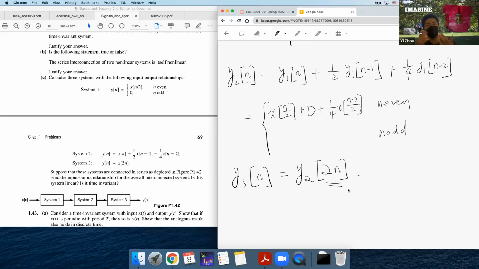So 2n is always even, and you follow the first formula to get y3[n]. That's why in the end we don't have the piecewise stuff. You have to go over this very carefully to figure out the final equation.